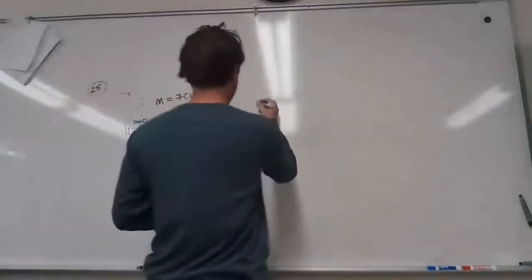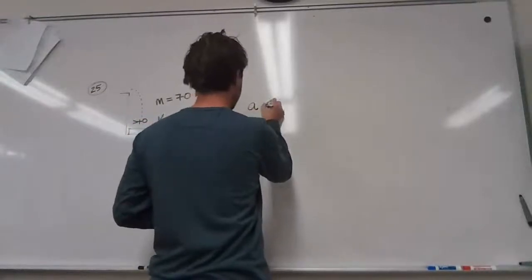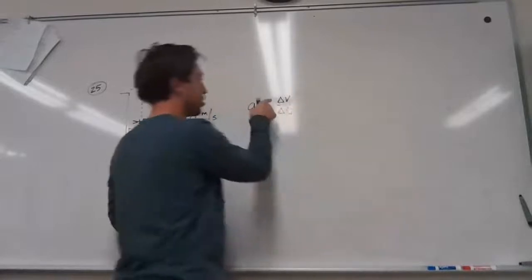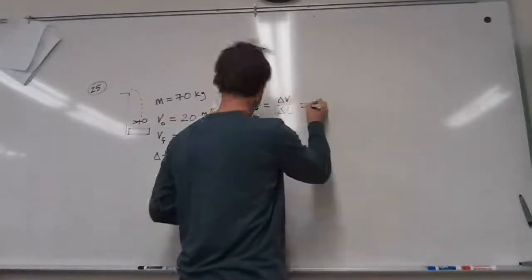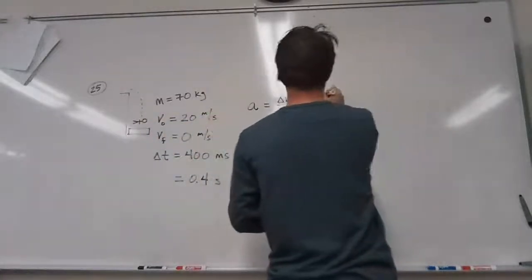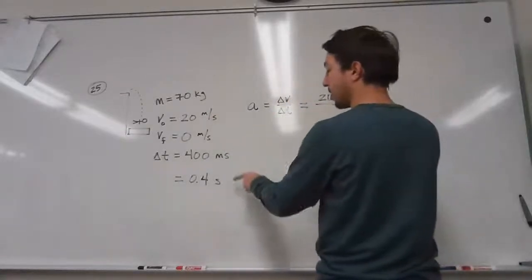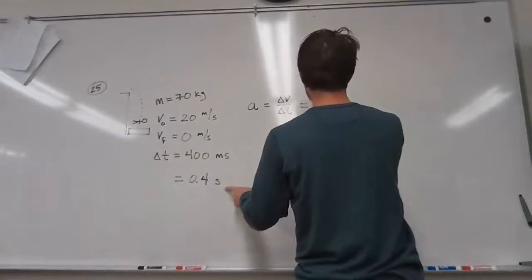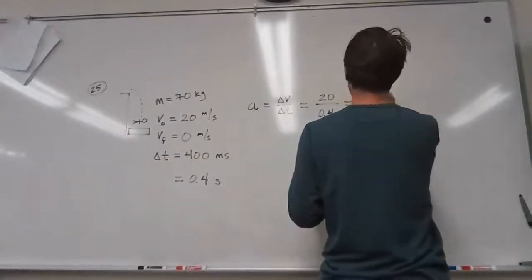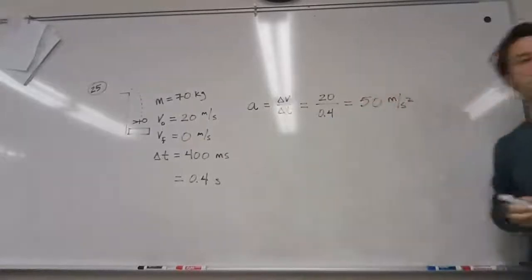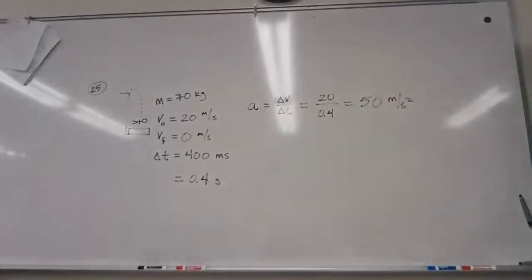So acceleration is the change in velocity over the change in time. So in this case, we'd have a change of 20 meters per second over a time period of 0.4, which is 50. Cool beans?